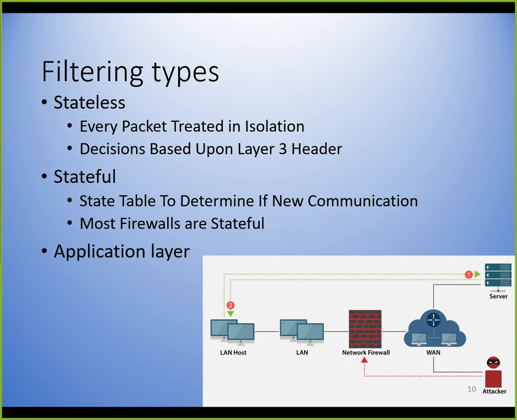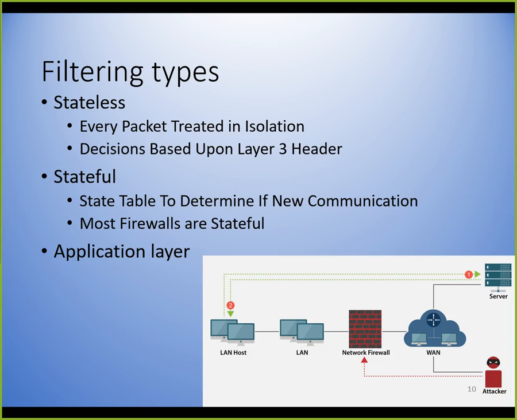Not such a good deal because some of the bad guys know how to encapsulate the bad stuff, the viruses and all those things, wrap them in an HTTP packet. So it comes in and says, oh yeah, it's port 80, let it in, and all of a sudden we've got a virus on the network.